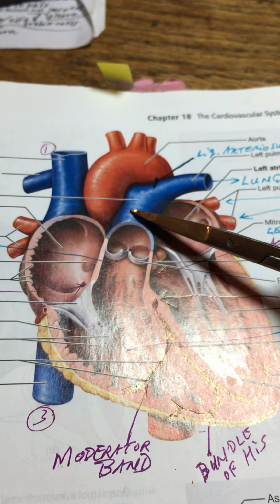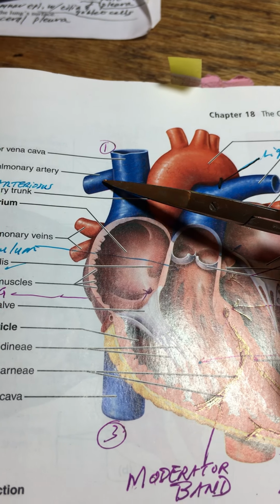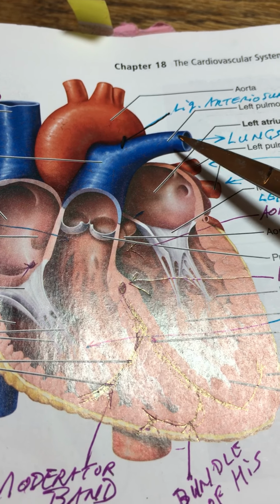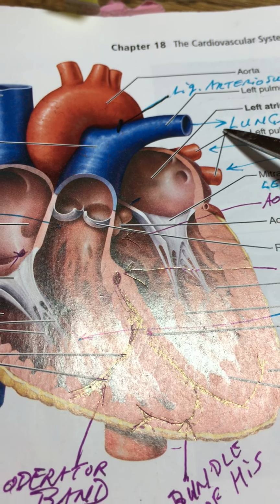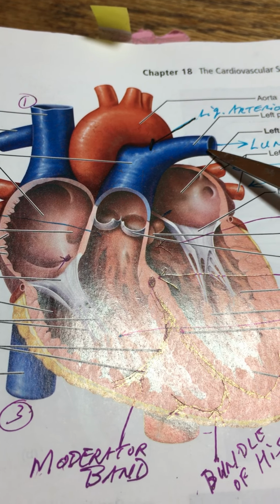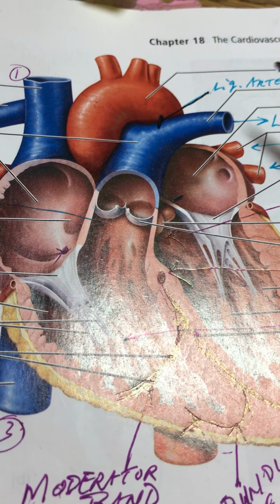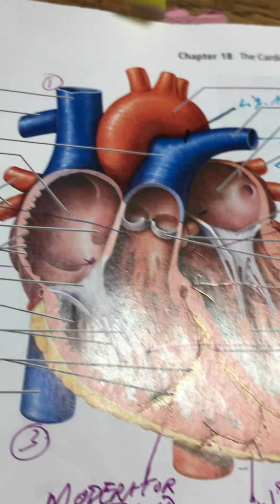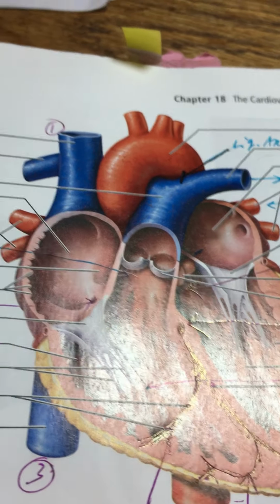It will ultimately go out this way or this way through the pulmonary artery in order to get to the lungs. So these arteries will be serving the blood flow toward the lungs in order to pick up oxygen.